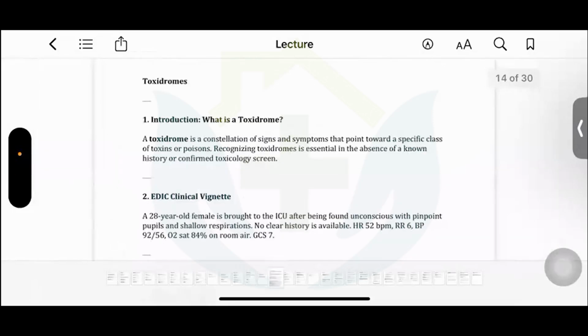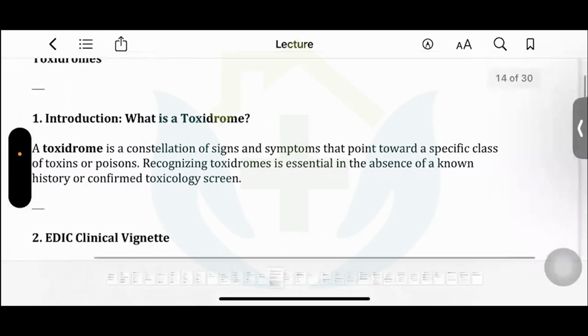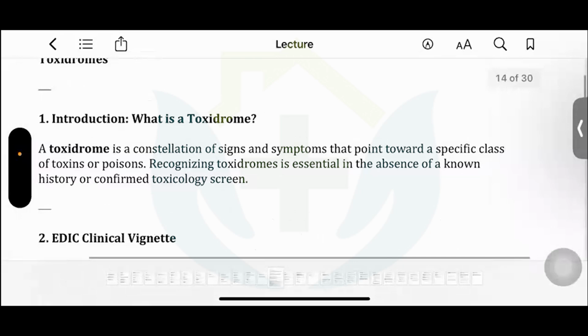Okay, now we will cover the toxidromes, very important topics again for EDIC. What is a toxidrome? A toxidrome is basically a cluster of manifestations that happen with respect to the kind of toxin taken by the patient. So it is basically toxicology and poisons. A constellation of signs and symptoms that point towards a specific class of poison.